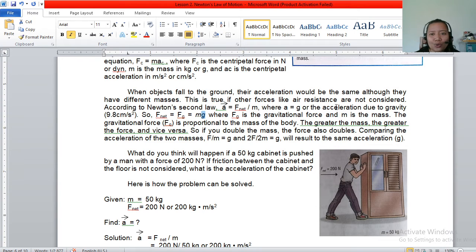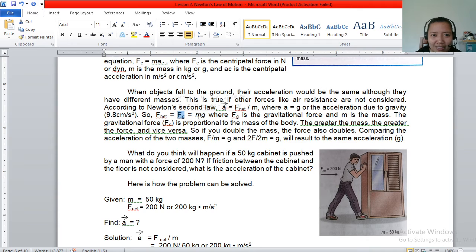Okay. So, the gravitational force is proportional to the mass of the body. The greater the mass, the greater the force, and vice versa. So, if you double the mass, the force also doubles, because it is directly proportional.